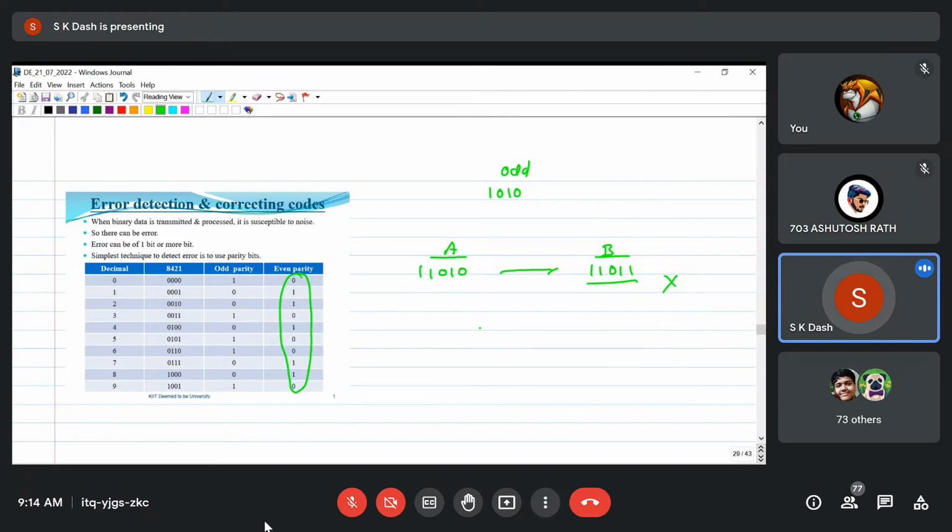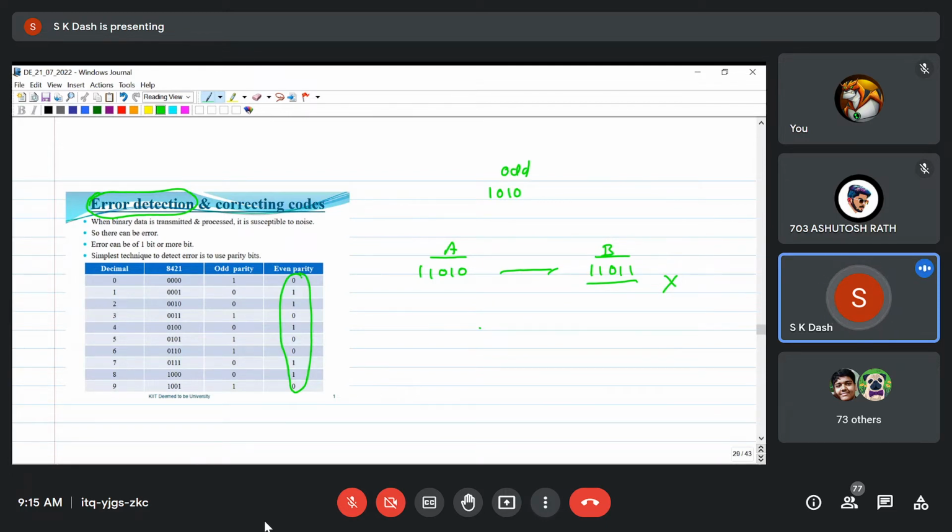Unless he knows the position, he will not be able to correct it. So this kind of code is called an error detecting code. Here we can find whether an error is there or not, but we will not be able to correct it.